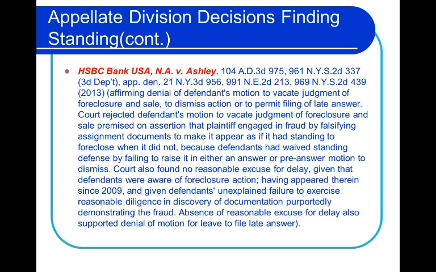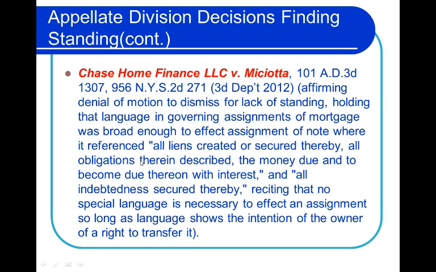Just to also show you some cases from elsewhere around the state, here's some unhelpful Third Department decisions. Up in the Third Department, it doesn't seem like the standing arguments have gotten too much traction, and they've pretty much bought into the notion that if it's not been asserted in the answer, the standing defense is waived. So again, I'll try to not spend too much time on this.